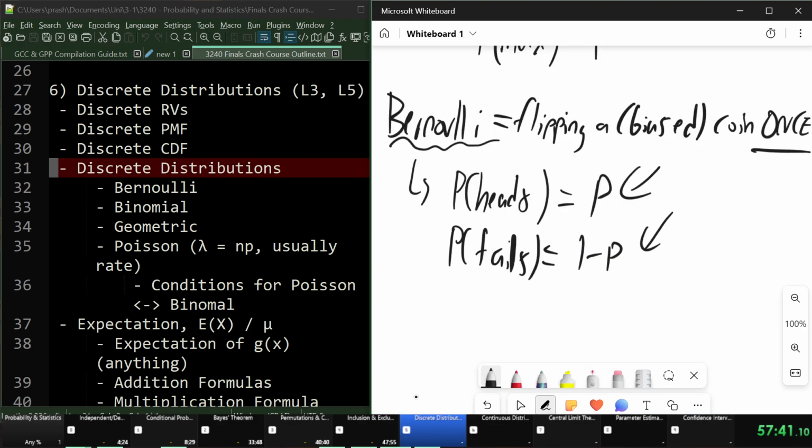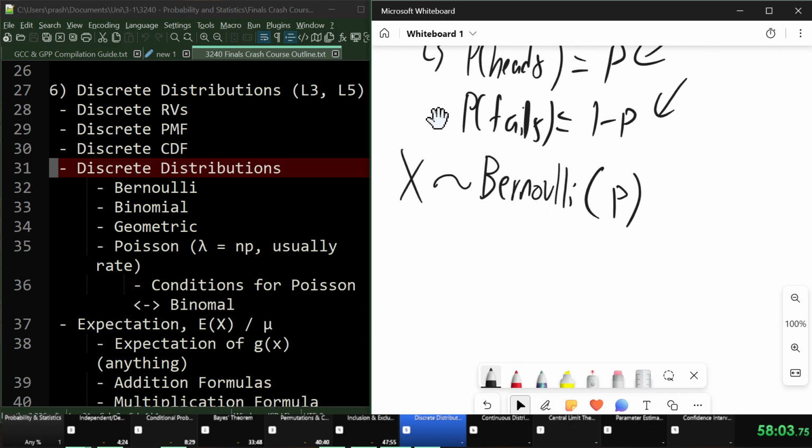If you want to formally write it, it could be something like this. X follows a, that's what the tilde means, it just means follows a. And then you write down the distribution name, Bernoulli. I think I spelled that wrong. And then you put the parameters. In this case, it's the probability of success, P. You'll see a lot of this syntax.